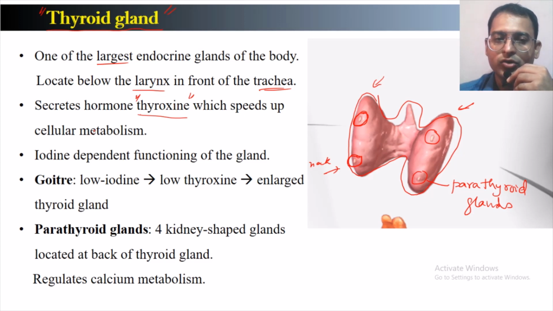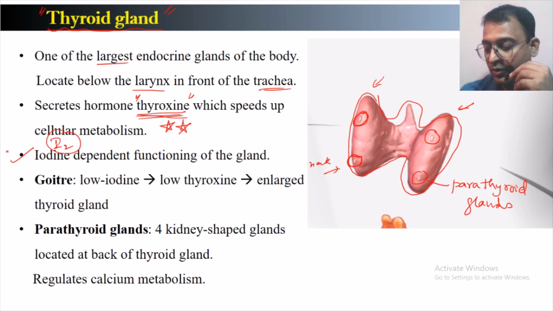So thyroxine is the hormone secreted by the thyroid gland. This is very important. It is an iodine dependent function. Many times you also see in some advertisements that you should always take iodized salt.